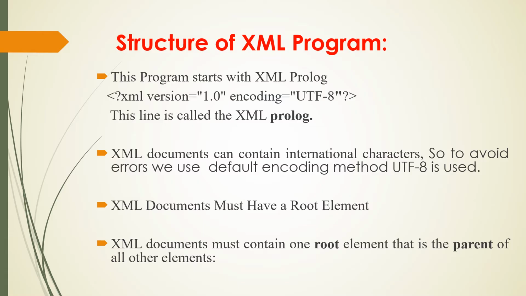XML documents can contain international characters, so to avoid errors a default encoding method such as UTF-8 is used. XML documents must have a root element. XML documents must contain one root element that is the parent of all other elements.